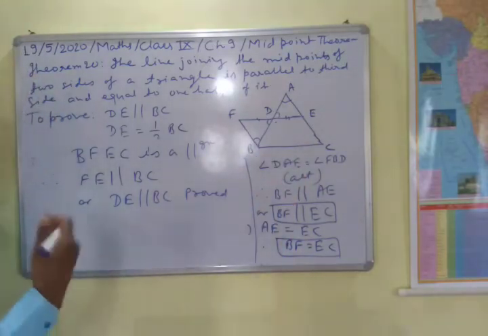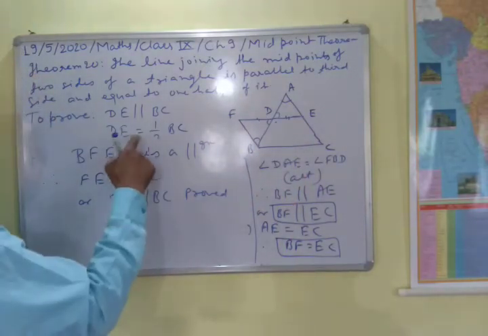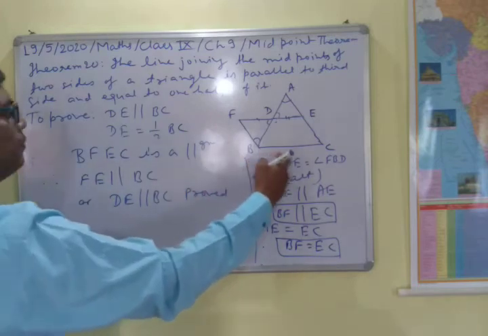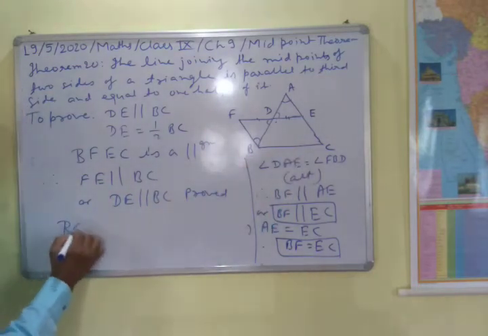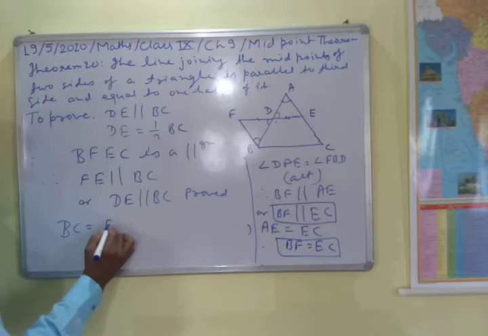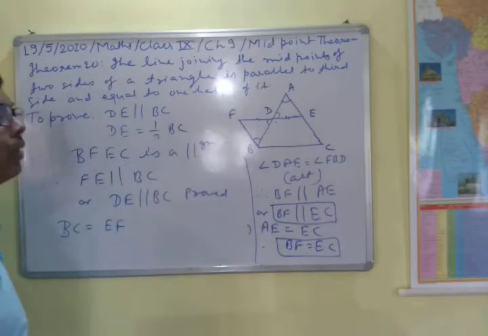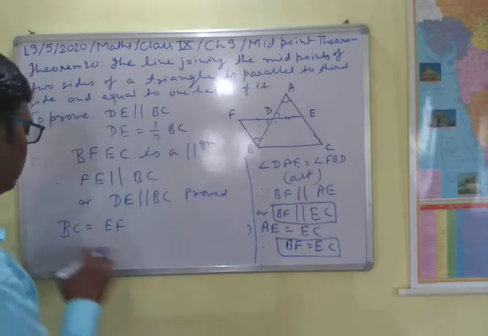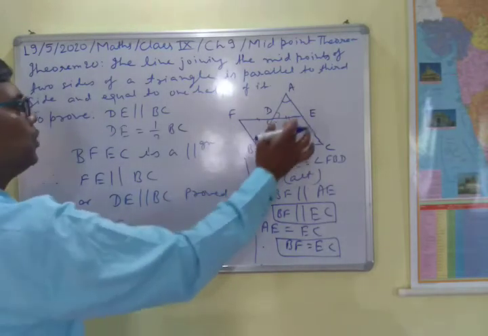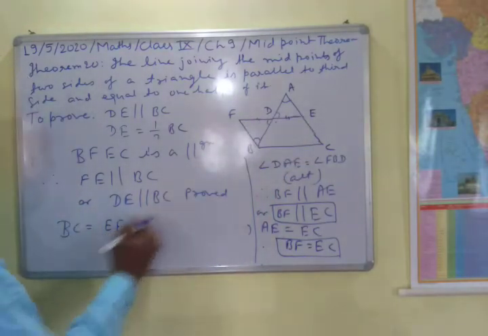And now for the next part, see here that BC equal to EF, again because in a parallelogram the opposite sides are equal. So BC equal to EF, and EF is equal to what?